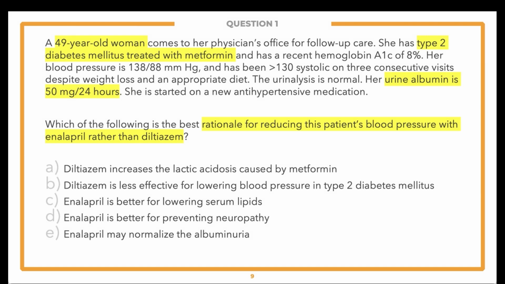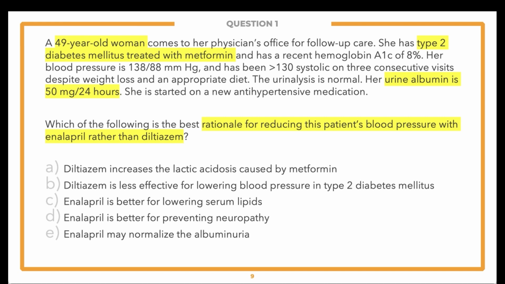So option E, enalapril may normalize albuminuria. Option D, enalapril is better for preventing neuropathy. Option C, enalapril is better for lowering serum lipids. Option B, diltiazem is less effective for lowering blood pressure in type 2 diabetes. Option A, diltiazem increases the lactic acidosis caused by metformin.